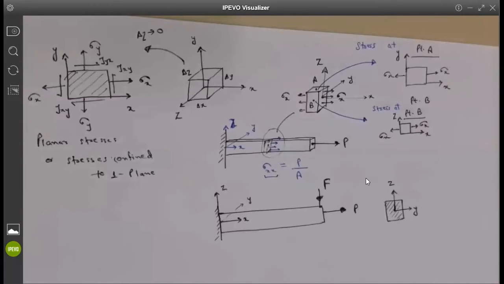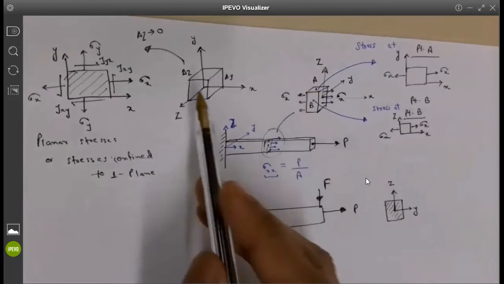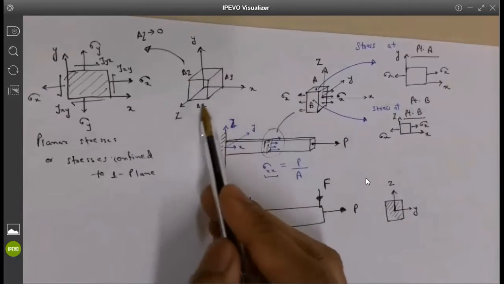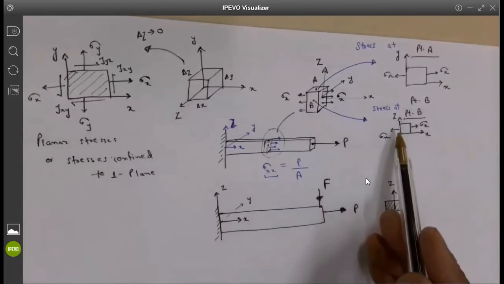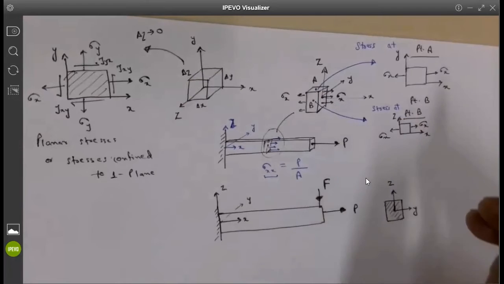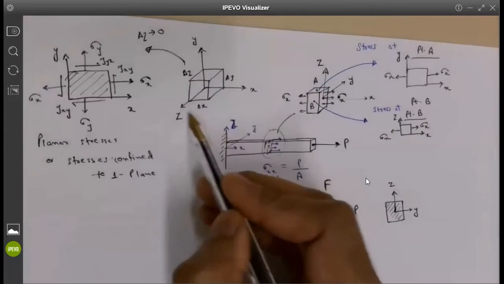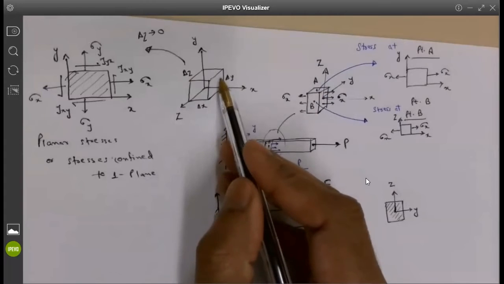So in both of these points, you see that I do not need this specific representation in a cube. I am using just one plane, and that plane itself tells me everything about the state of stress at that point. I don't need to worry about all these 6 faces and sigma xx, tau xy, tau xz.